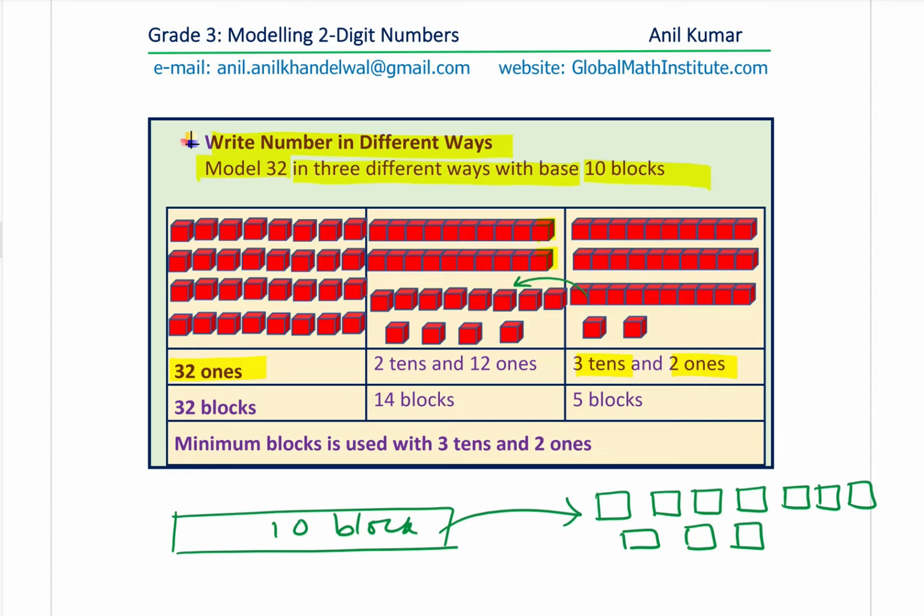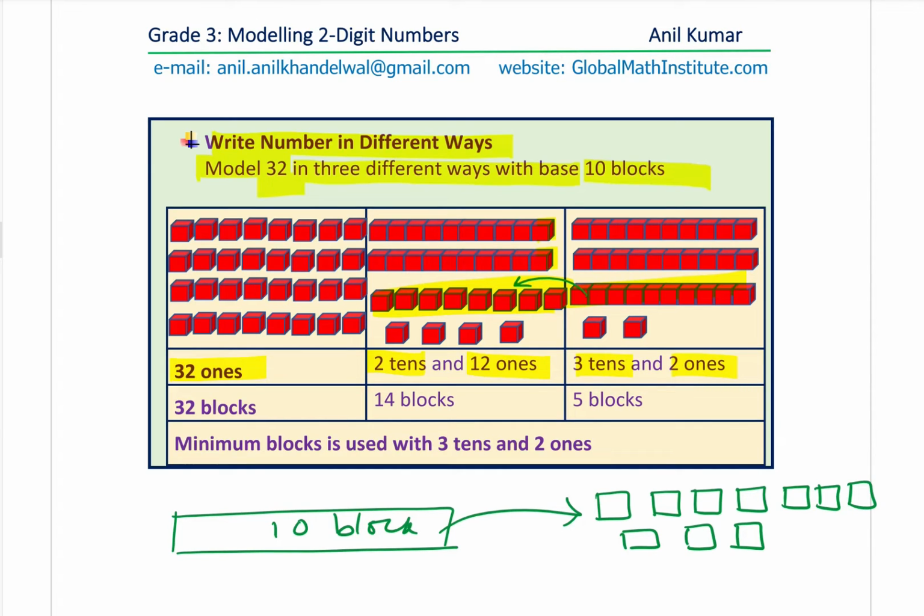So I broke this longer tens block into 10 small ones blocks. Do you see? 10 ones is 1 ten. That is the concept, right? So now I have two tens since I broke one, but 12 ones. Correct? All the numbers are still 32. Perfect. That is what we wanted.